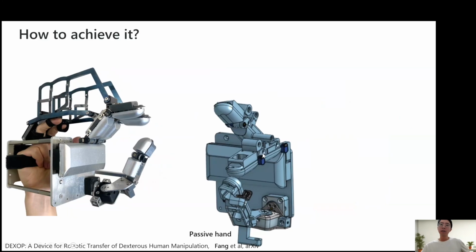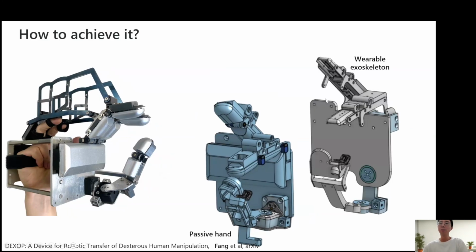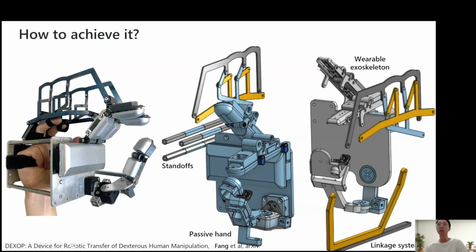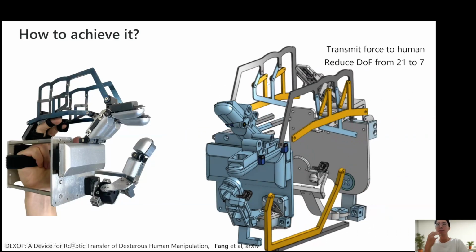And for all of these passive hands, we then build a wearable exoskeleton that has the same kinematic chain as the passive hand, and humans can also put our hands into this exoskeleton. Then we connect the wearable exoskeleton with the passive hand by a linkage system.